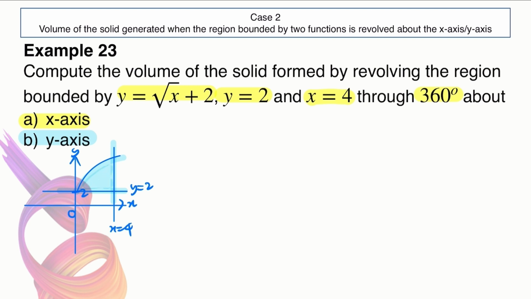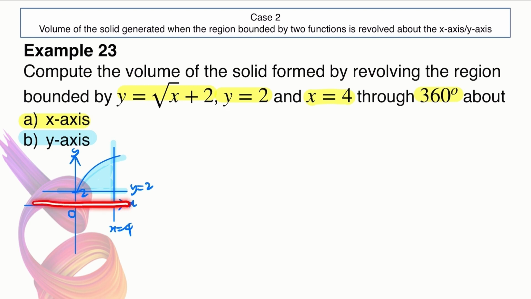Now we want to find the volume. The first case is when the area is rotated about the x-axis. So now let's focus on the x-axis. Again, when there are two functions involved, the function further from the x-axis will minus the function nearer to the x-axis.